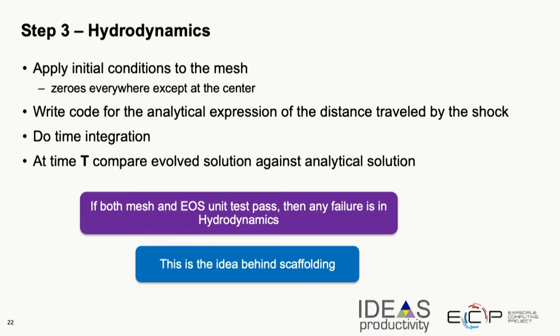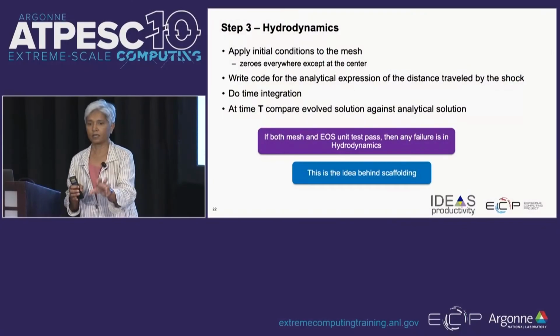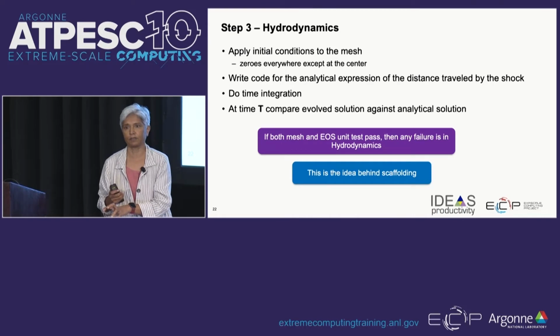Now, here what is happening is that if both ghost cell fill and equation of state tests pass, then if there is a failure, we know for sure that that failure is occurring because of the hydrodynamics. So, this is the idea behind scaffolding, in that the hydro test is built upon the scaffolding provided by the equation of state and guard cell fill unit tests.